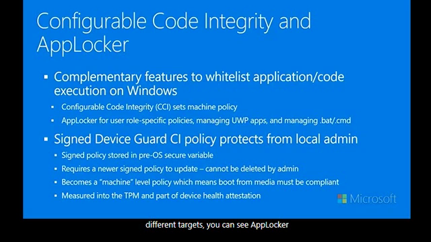You can see AppLocker as a way to control what users and groups are allowed to do on a device, versus the configurable code integrity policy, which restricts what a device is allowed to do. And in that way, the configurable code integrity policy can add a tighter restriction on specific devices.